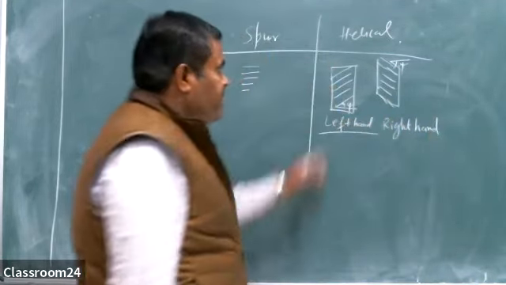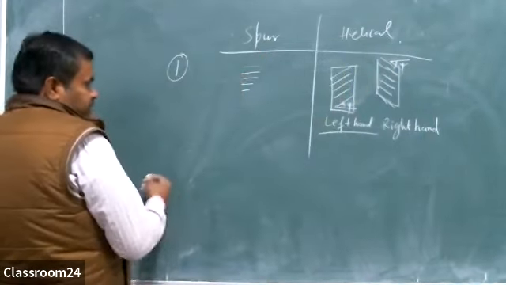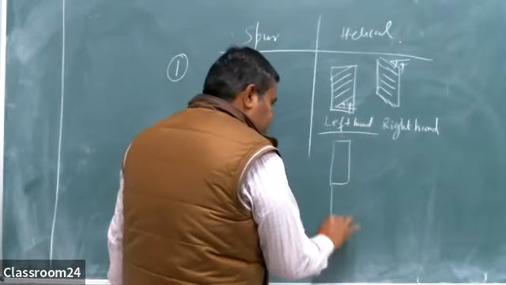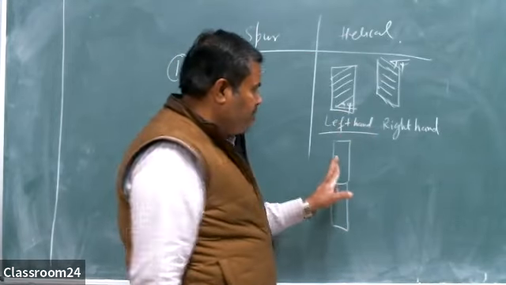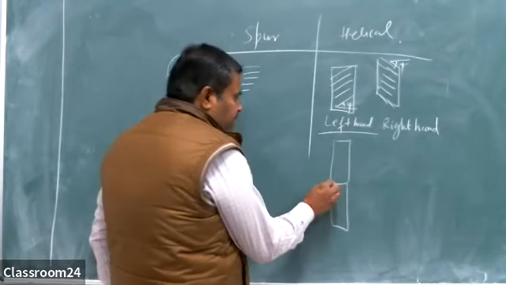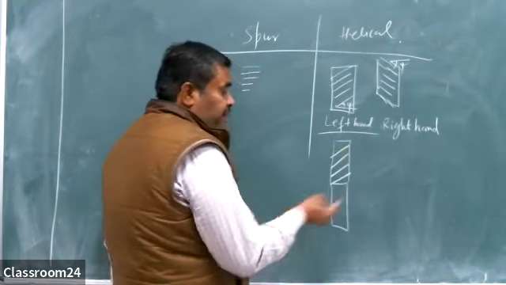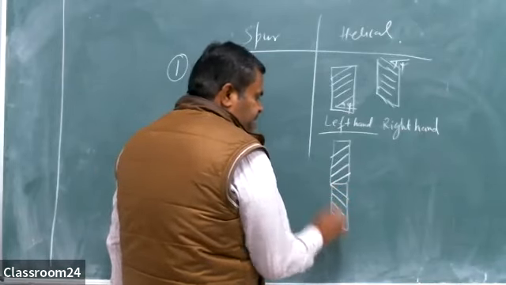There are 2 directions, one is left, one is right. So when we go for meshing, this is the gear, this is the pinion. Bottom is pinion, this is the gear. If the gear is having left hand teeth, then the pinion must have right hand teeth. Only then is meshing possible.